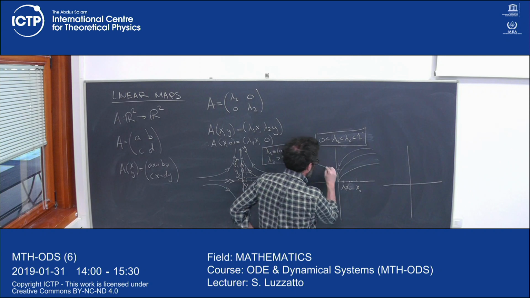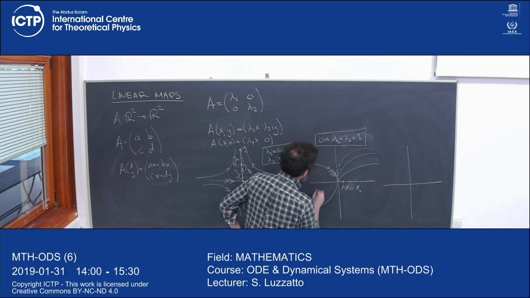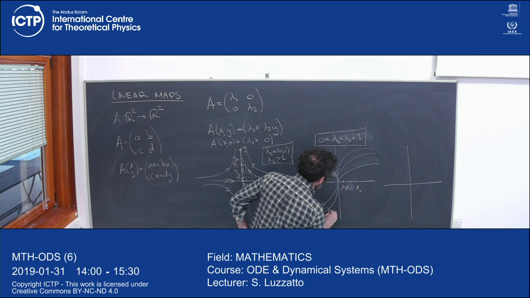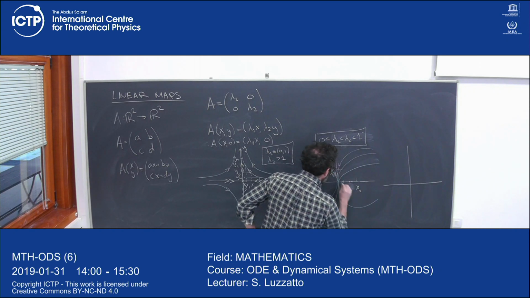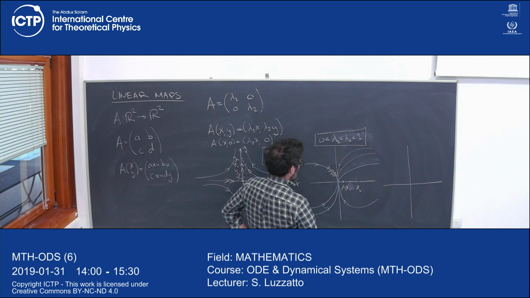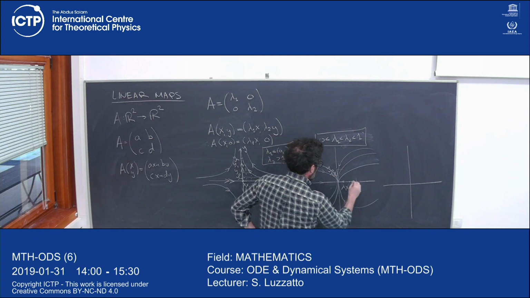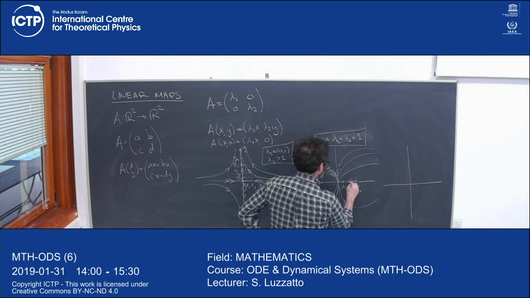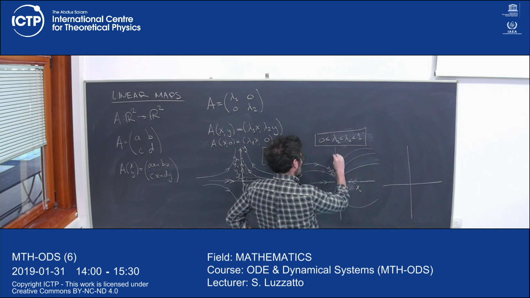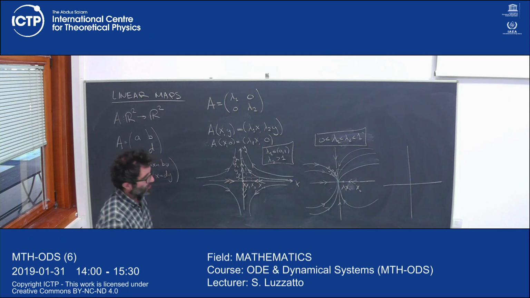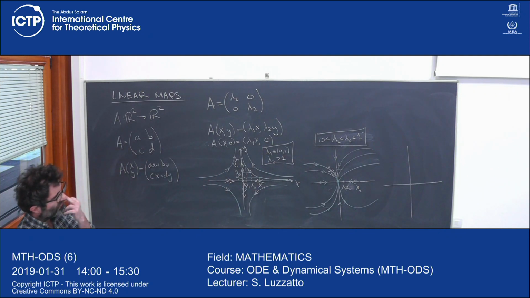And so here you also get something like this, here something like this. So I put two arrows to show that we're contracting. It's a stronger contraction in the horizontal direction.